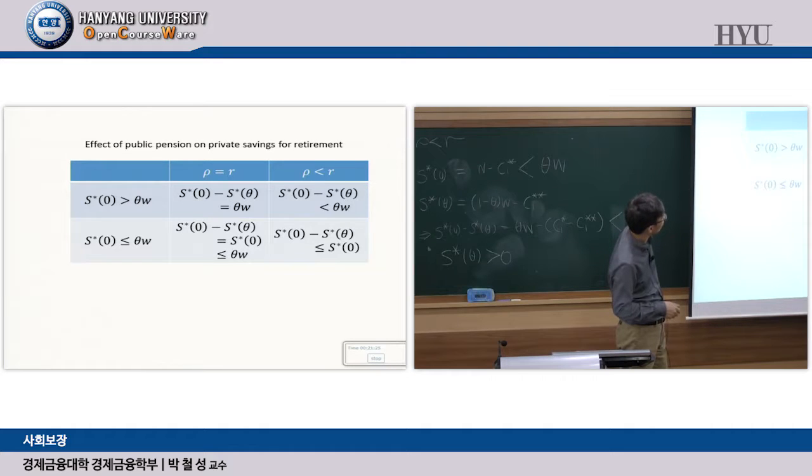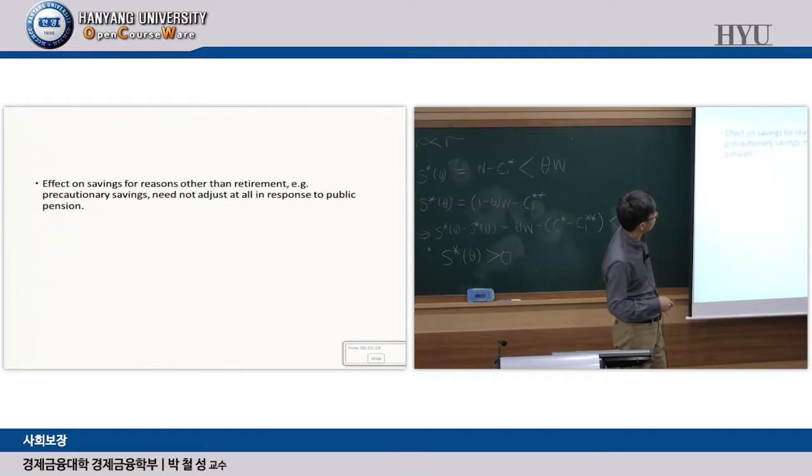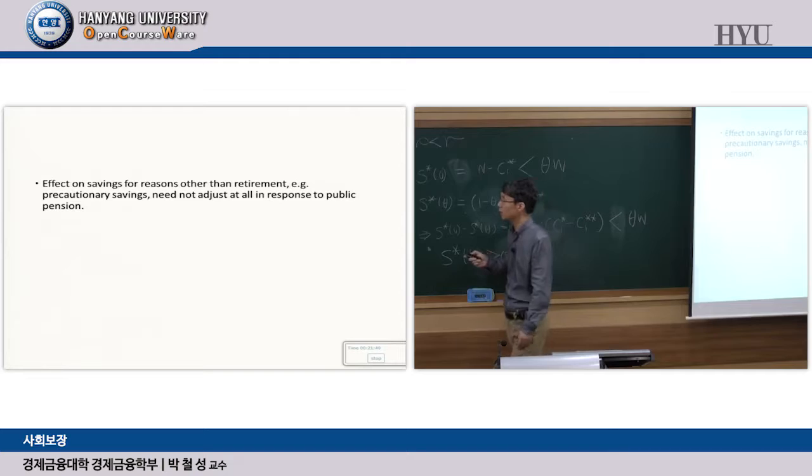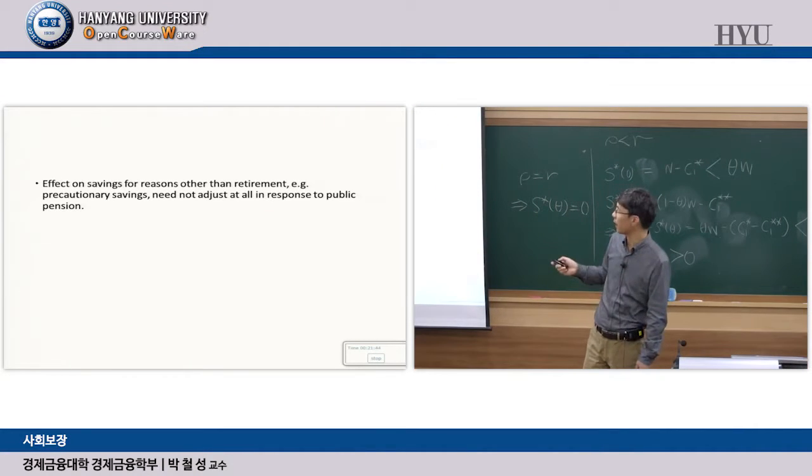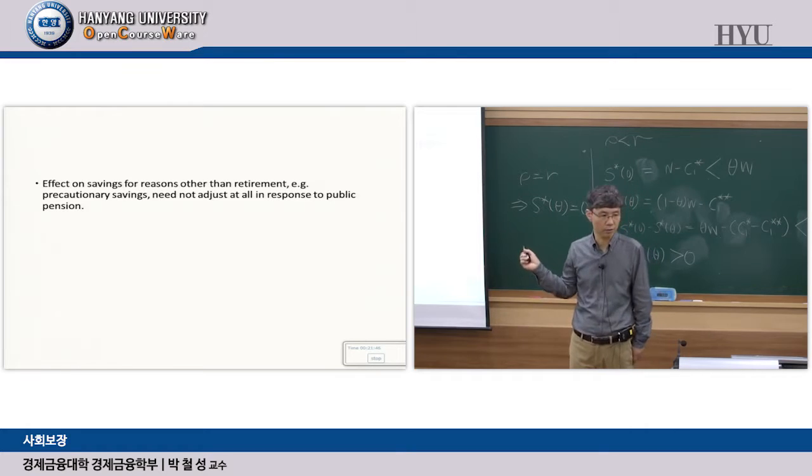Now we talked about savings only for the purpose of retirement. But obviously individuals do not save only for retirement. One of the other reasons they save is called precautionary savings.